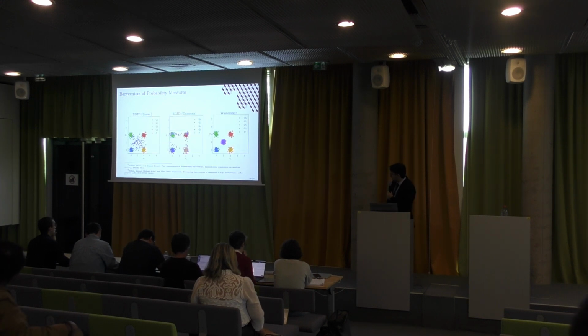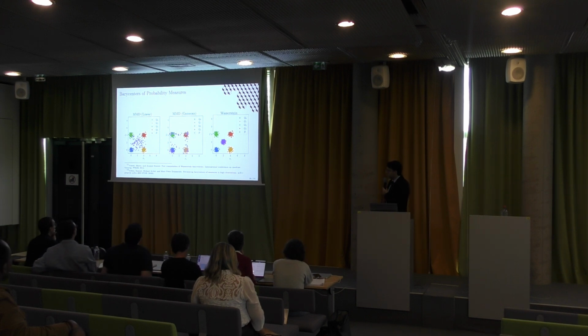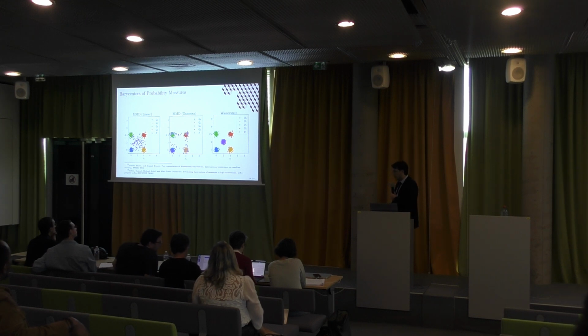Now, with that, we can calculate the barycenters, and here I give you 3 examples, 2 of them calculated with the so-called maximum mean discrepancy, and a third one that is the Wasserstein barycenter. You see 3 different things, and you may be asking yourself, well, which one is better for computing a barycenter? The answer is, it actually depends on what you're trying to do. For instance, if you're doing domain adaptation, you might want a barycenter that better captures the intrinsic geometry of the data.